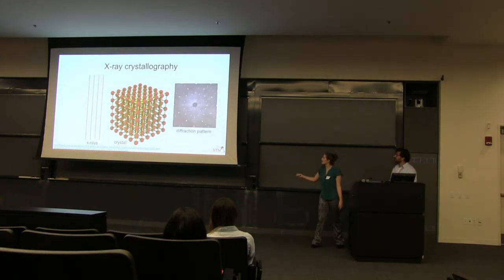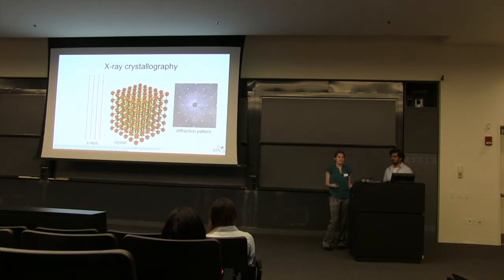So we take light and we pass it through, and then we get a diffraction pattern that looks like this. So this is a really beautiful symmetric pattern, but it also contains a lot of information. We can use the diffraction pattern to understand what the structure of the crystal is, since that's not something we can see with our eyes.